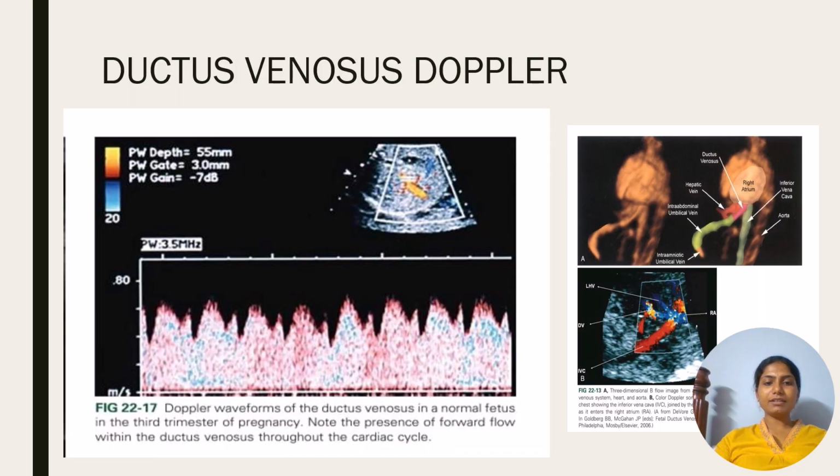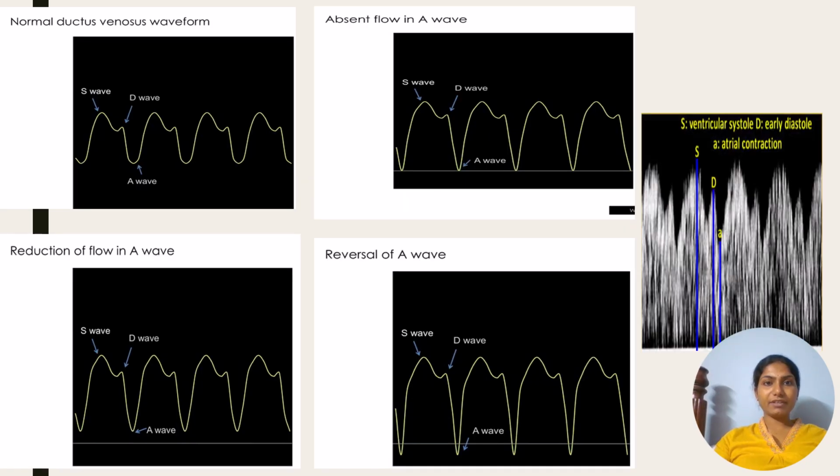Moving on to the ductus venosus Doppler. This is very important and it has 3 waves. What are those 3 waves? The S wave is the velocity during ventricular contraction. The D wave is during the end diastole. And the A wave is the atrial systole, which occurs at the end of diastole.